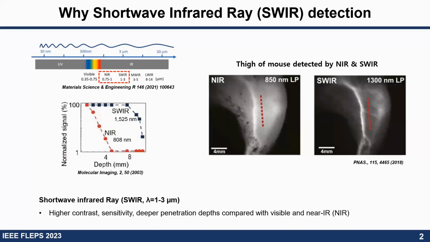Watching the image of the mouse eye taken by both IR, the shortwave IR shows better contrast, sensitivity, and resolution.